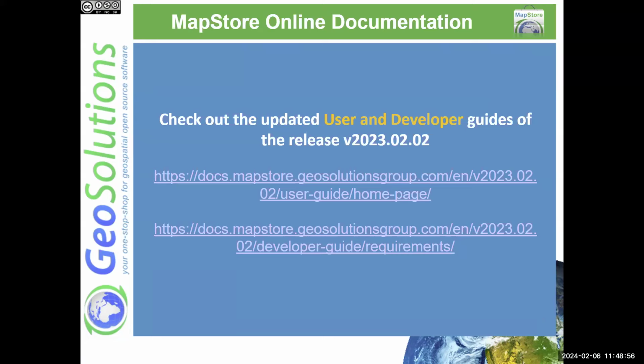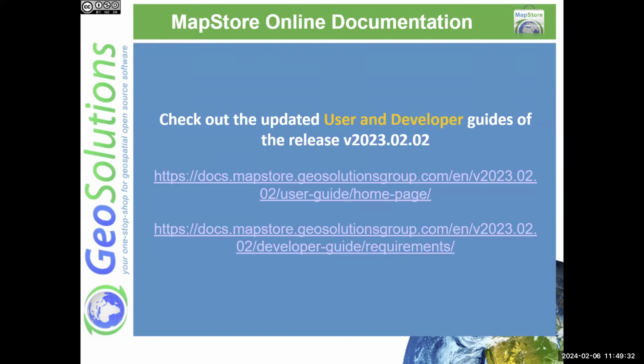Here there are user guides specific for the latest release. We have the 2023.02 user guide, related to the usage of components and new plugins that you can find inside the new release. There is also the one related to the developer guide. So if you follow this link, you can see it if you are interested in the development itself, and maybe also the latest migration guideline, if you are updating from a previous version.